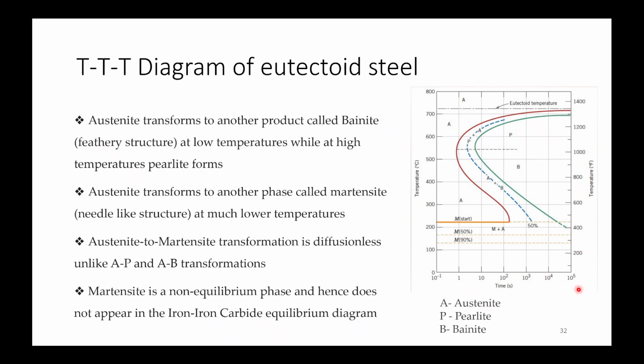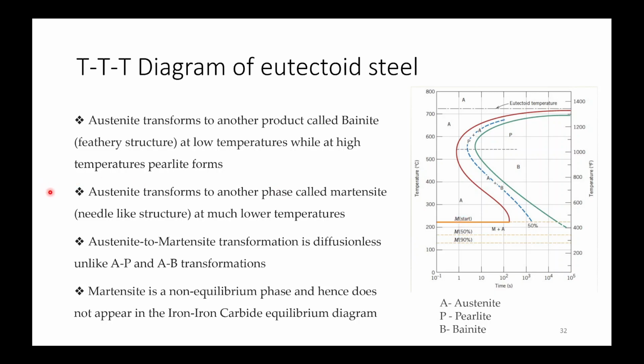Now the TTT diagram for eutectoid steel. Here only pearlite will be present, there won't be any pro-eutectoid ferrite or pro-eutectoid cementite. Austenite transforms to another product called bainite, which is a feathery structure, at low temperature, while at high temperatures pearlite forms. So at temperatures higher than this nose temperature, up to 550, there will be formation of pearlite, and below this there will be bainite up to the M start temperature.